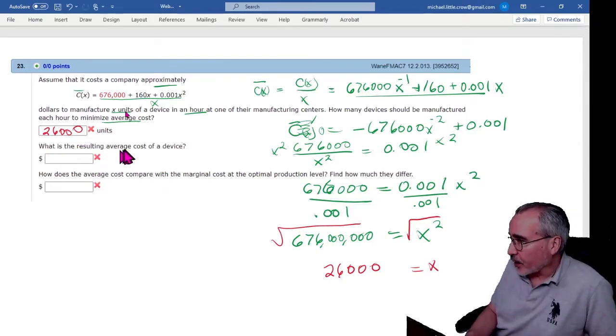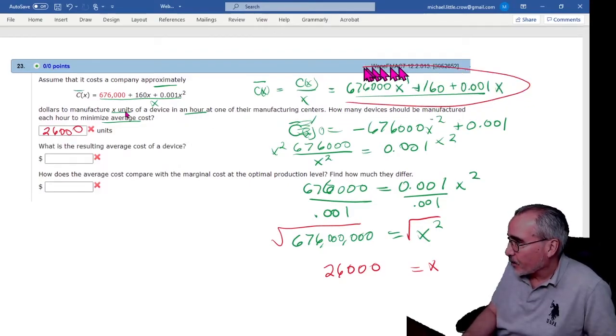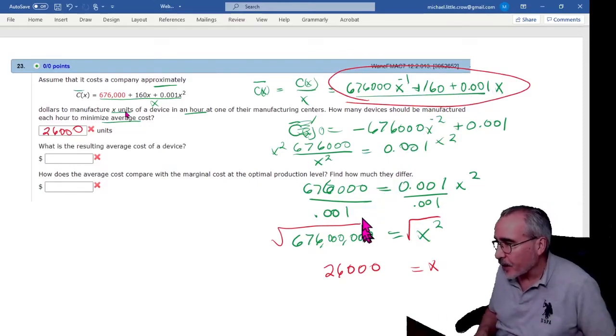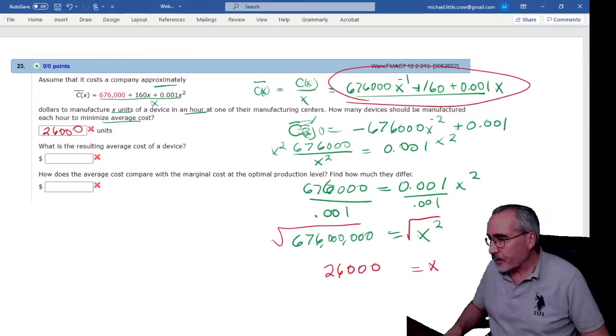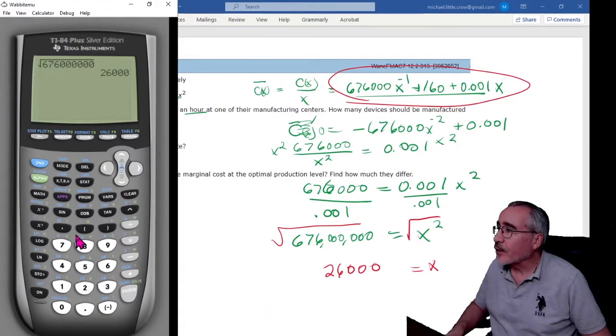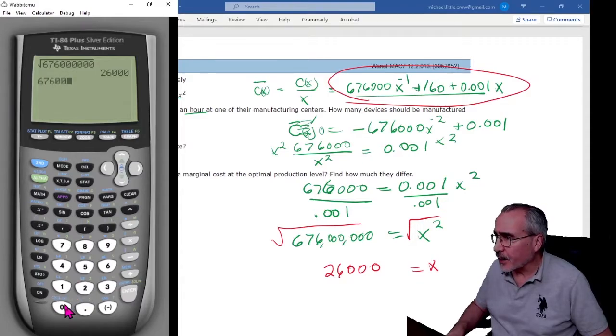And so what is the resulting average cost of a device? So we plug the 26,000 into the average cost function. So for each of these x's, we're going to plug in 26,000. So we've got 676,123.